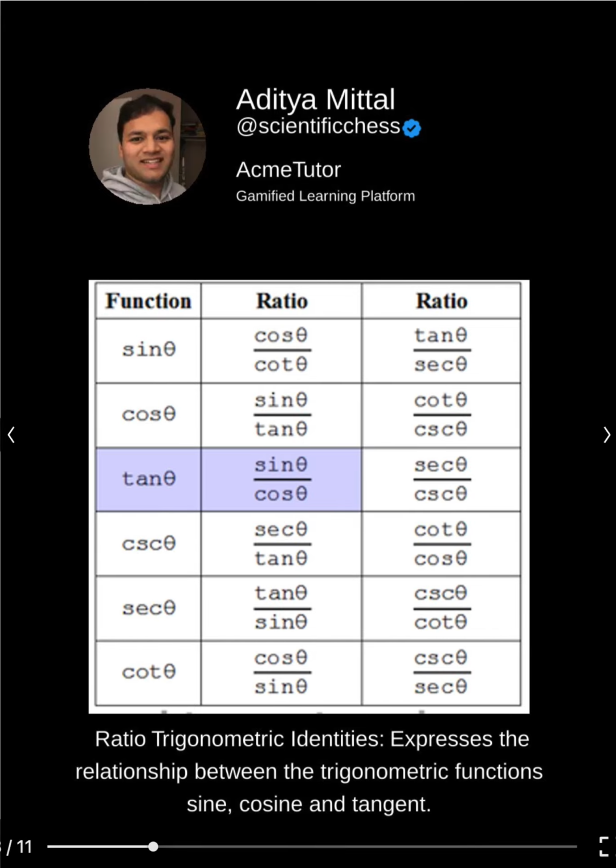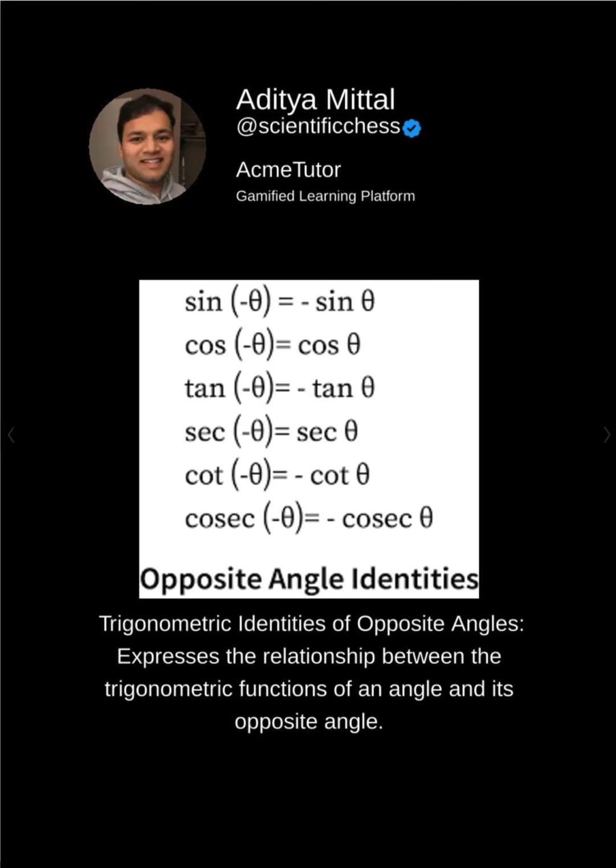Next we have opposite angle identities. So the idea here basically is that for sine and tangent, the negative sign comes out, and for cosine it just disappears. So if you take cosine of negative theta, it'll just be cosine of theta. And the other one it disappears for is secant, because secant is really the reciprocal of cosine, so it's 1 over cosine.